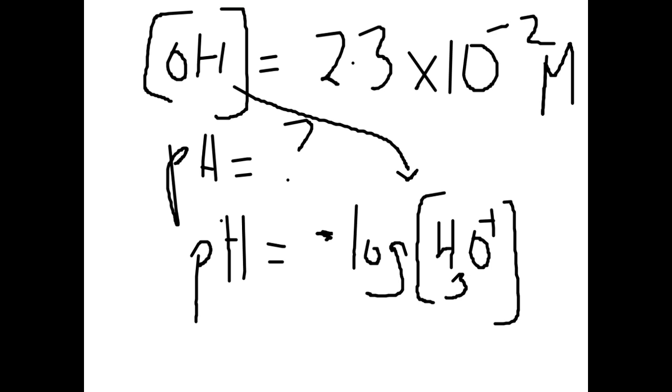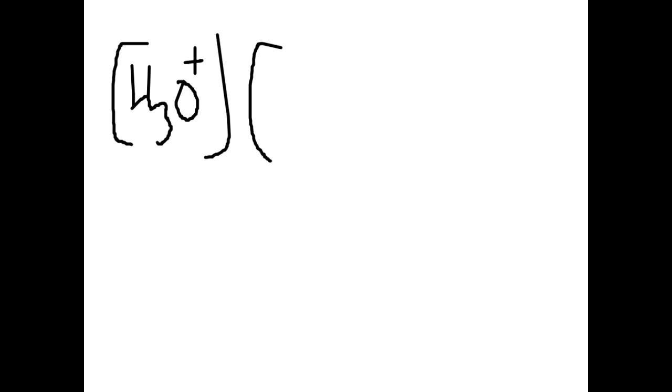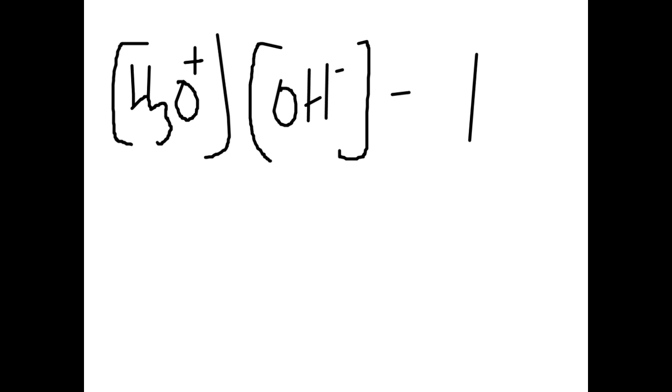Now, wasn't there a formula I just gave you for K of water? What was the formula for K of water? H3O plus times OH minus was always equal to what? 10 to the negative 14.